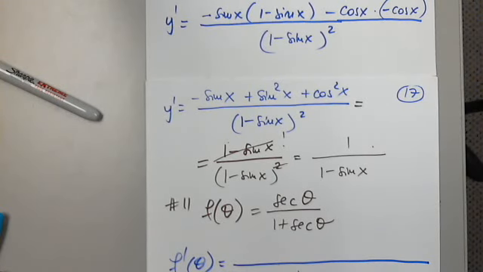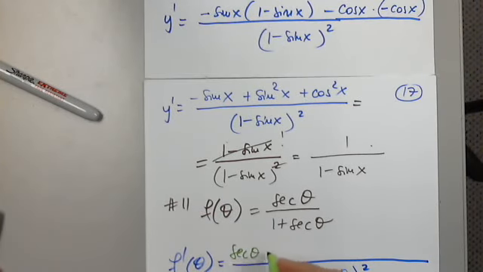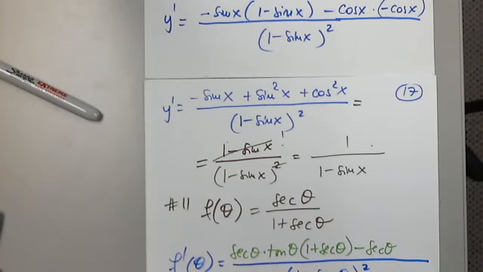The denominator will definitely be 1 plus secant theta squared. But now we have to determine the numerator. Secant prime is secant tangent, times the denominator, minus the top, which is secant theta, times the denominator prime, which is secant tangent.